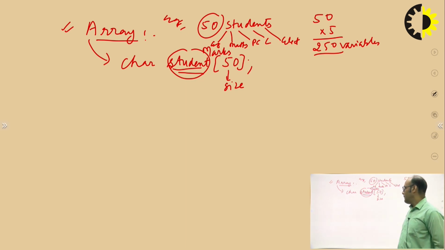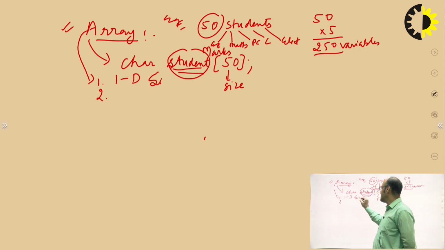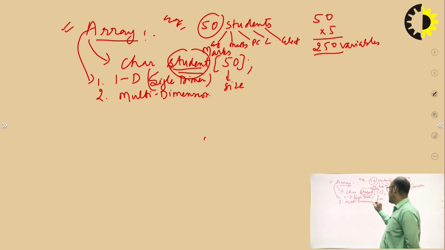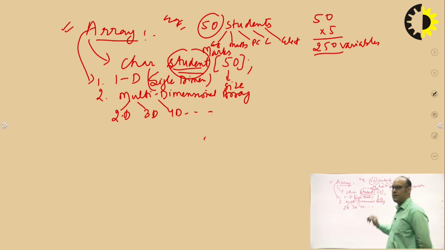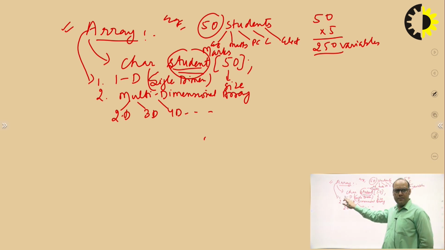Basically, array is divided into 2 types: 1D, which we call single dimensional, and multidimensional array. Multidimensional consists of 2D, 3D, 4D and so on. In some books it is written as one-dimensional array, two-dimensional array, then multidimensional.